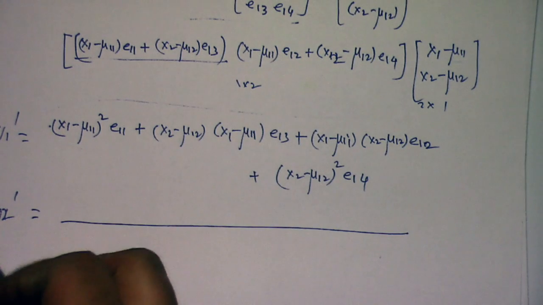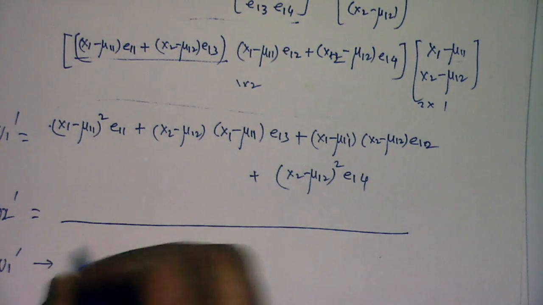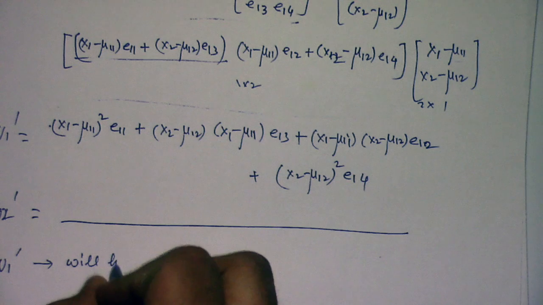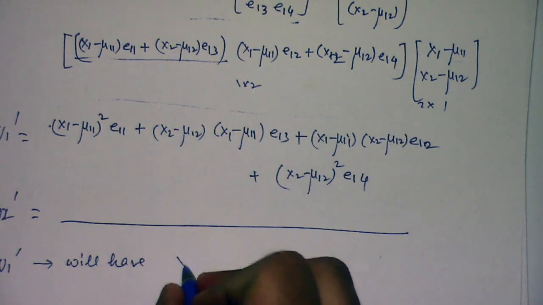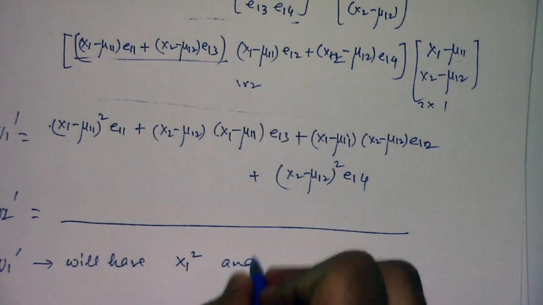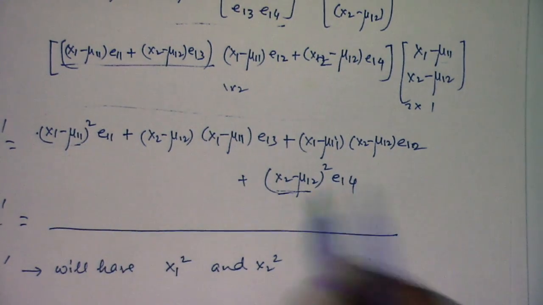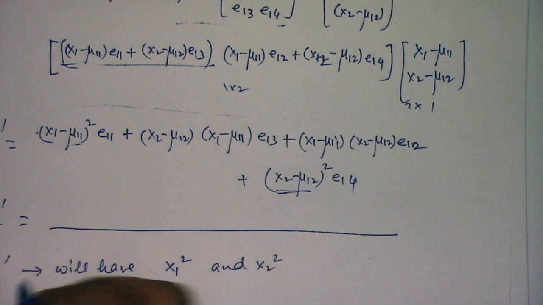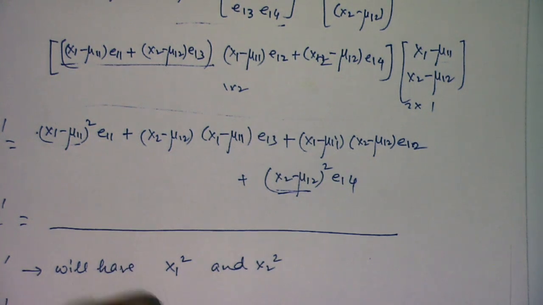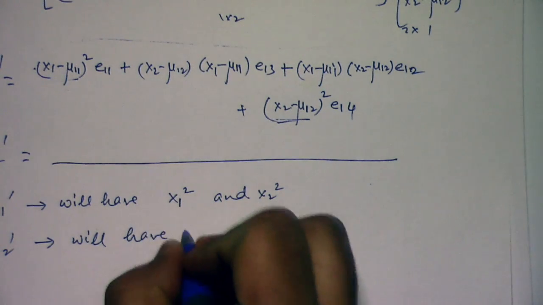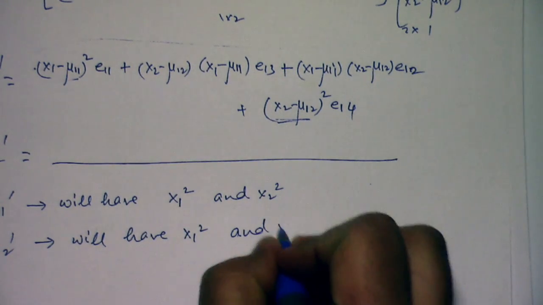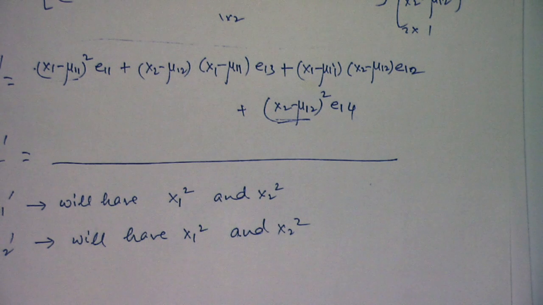So q1 prime will have x1 square and x2 square inside, because there is a square term here and a square term here. In the same way, if you work out the whole math, q2 prime will also have them, which means that these are quadratic in your data, and that is why you get a quadratic boundary.